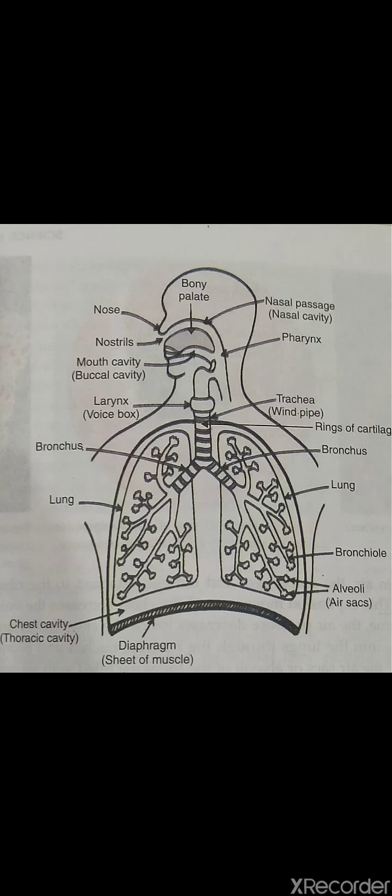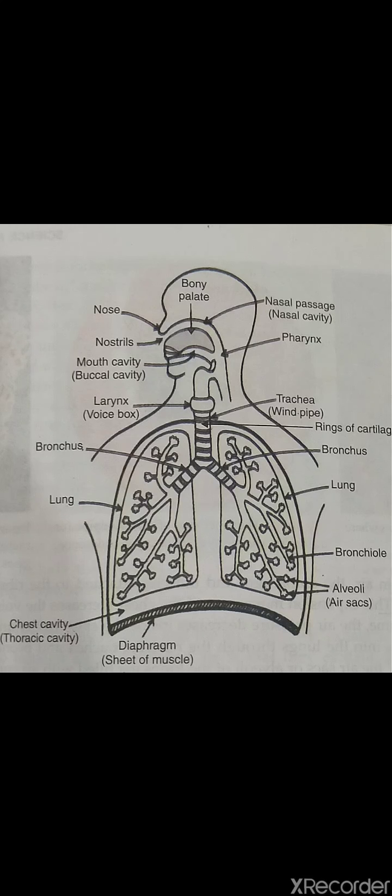Now I'll describe the mechanism of exchange of gases, and how the exchange of gases takes place between blood and body tissues during the process of respiration. When we normally breathe in air through the nose, the air enters the nostrils, passes through the nasal passage, pharynx, trachea, bronchi, and finally it reaches the lungs.